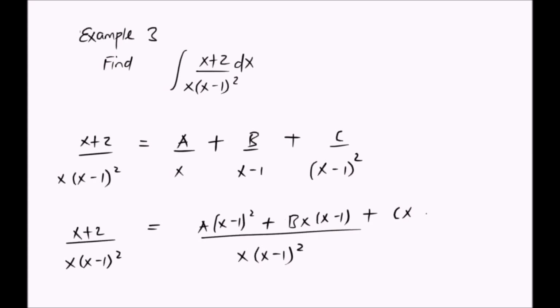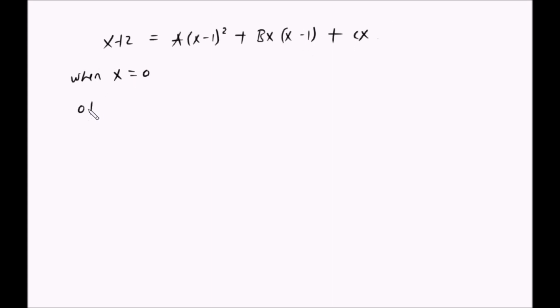Our numerator on this side is x plus 2, and on the other side it is a times x minus 1 squared plus bx times x minus 1 plus cx. To get a, I just eliminate b and c by putting x equal to 0. So 0 times b goes away, 0 times c goes away. Here I remain with 0 plus 2, and here 0 minus 1 is negative 1.